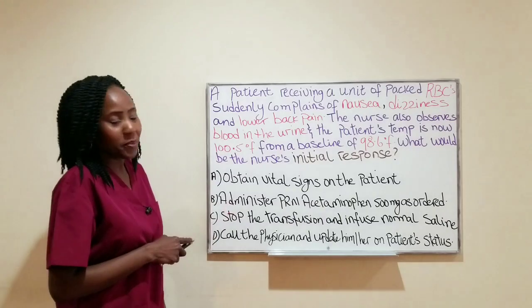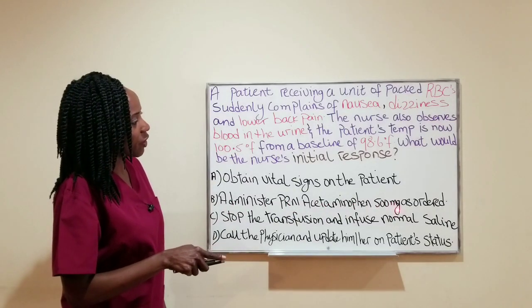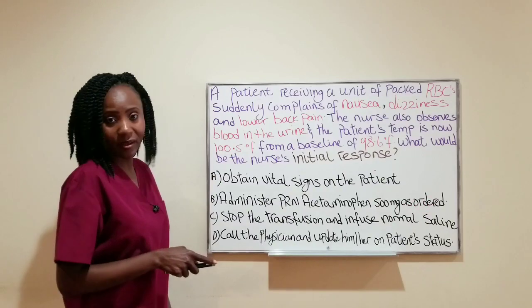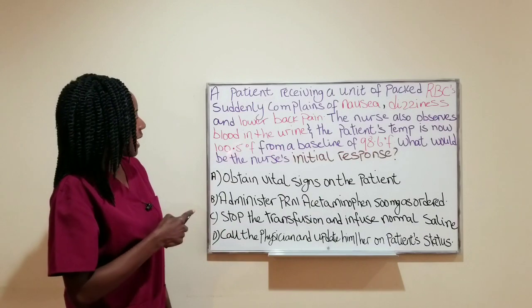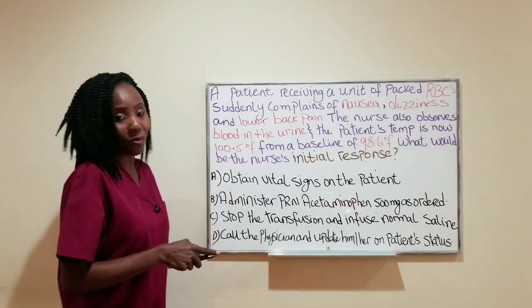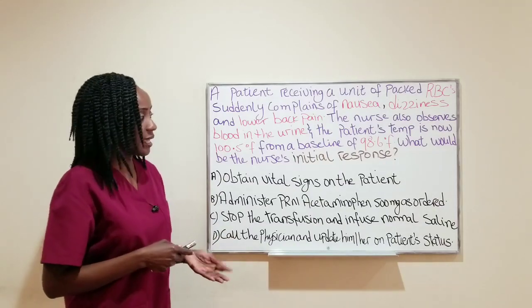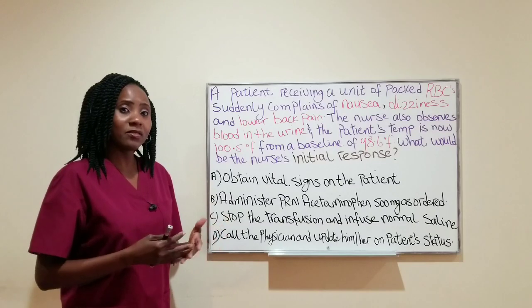Let's look at option B. Administer PRN acetaminophen 500 milligrams as ordered. Now you may be tempted to say, okay, this patient has an increase in temperature, and we know that acetaminophen is an antipyretic, and this is sometimes given after blood transfusions.